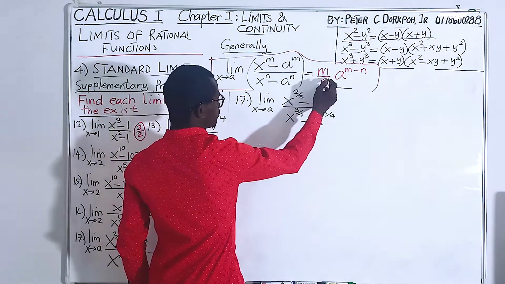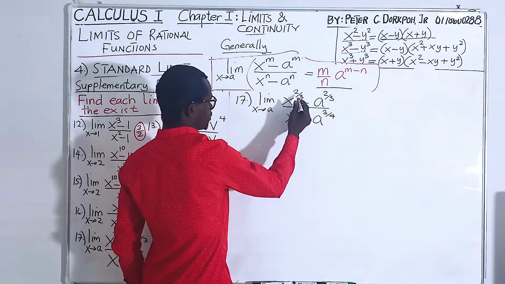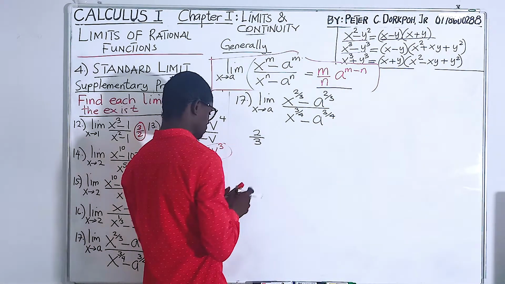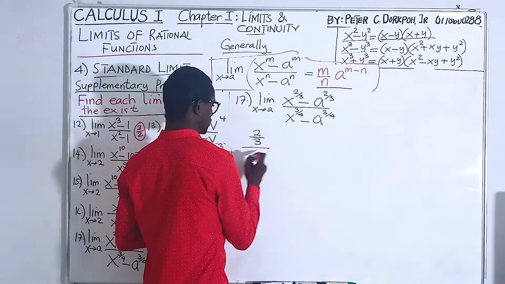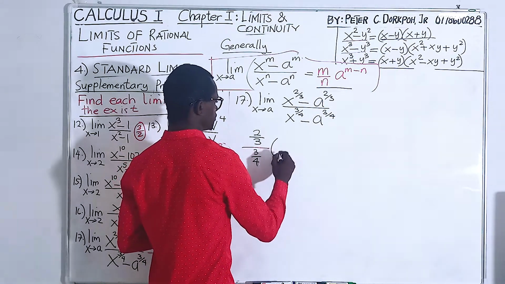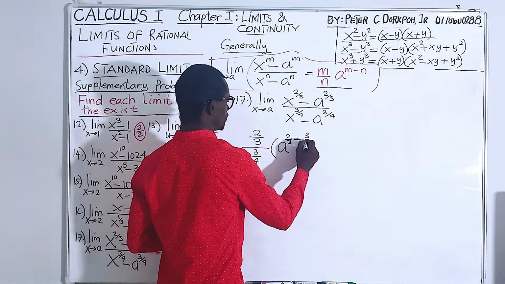So now we can use the standard limit. So we have the power of the numerator 2 over 3 divided by the denominator's power 3 over 4 times a raised to the power 2 over 3 minus 3 over 4.